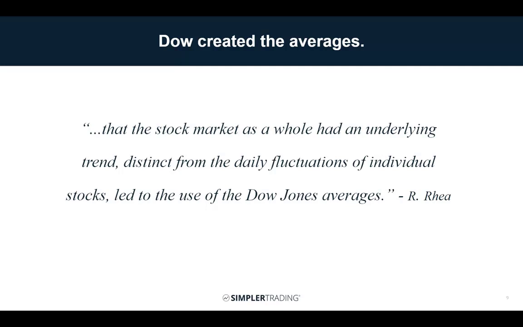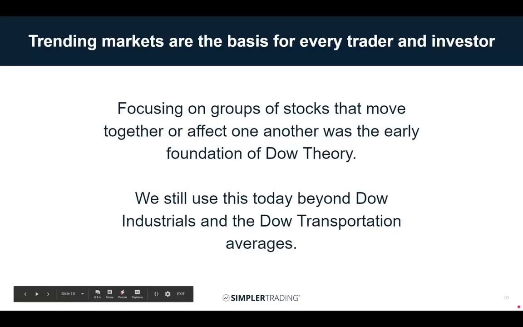So again, he noticed that certain stocks moved together in these trends that we talked about, and then he created these averages. Remember, before this, there weren't averages. We take a lot of these things for granted, right? So trending markets are really the basis, I think, of success for every trader and investor. Trends are what we're all waiting for.